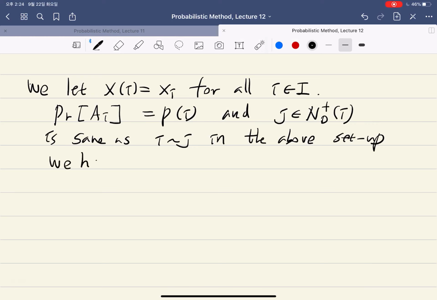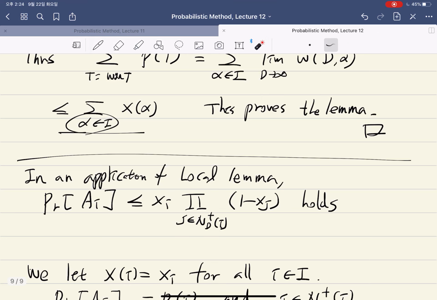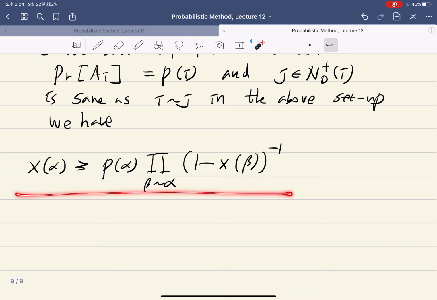Then we have that x of alpha is at least p of alpha times this, so this is the relation we get. We take this and divide on this side, then this is what we get.